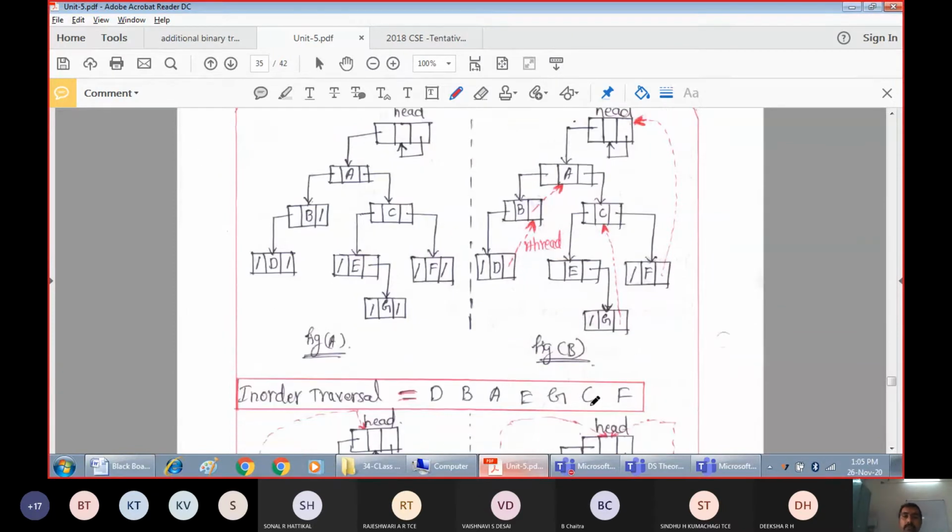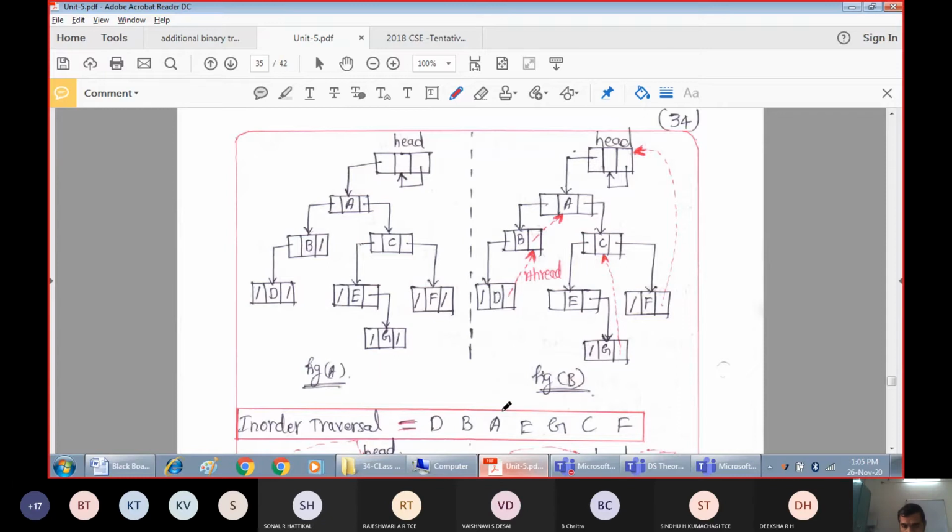Whenever we have the traversal, for the node A, all the nodes which are present at the left side of node A are called predecessors. And all the nodes, for any given node, present to the right side of that node are called successors.